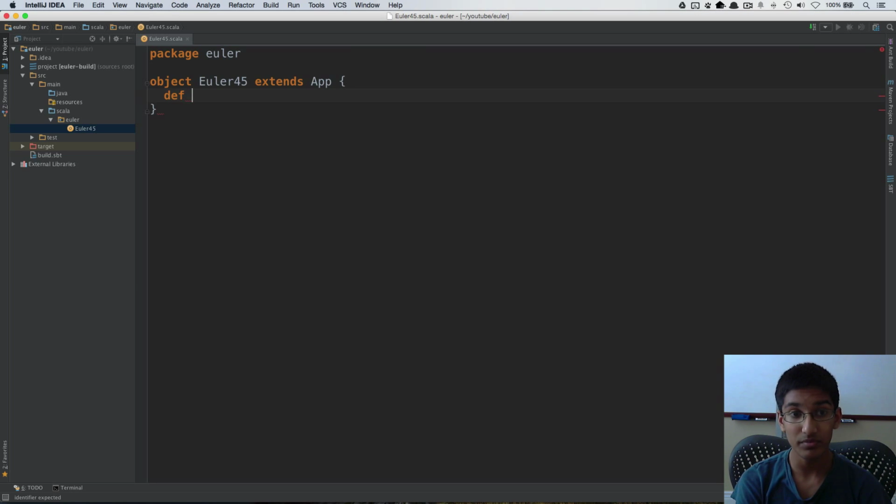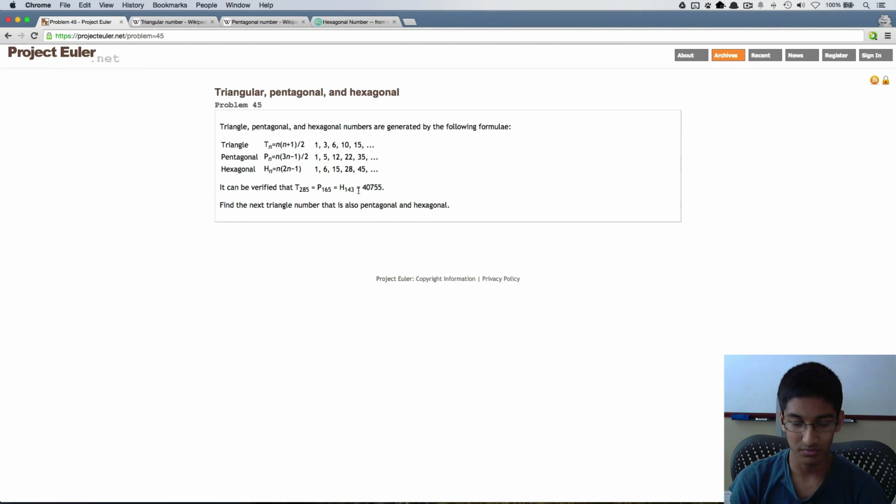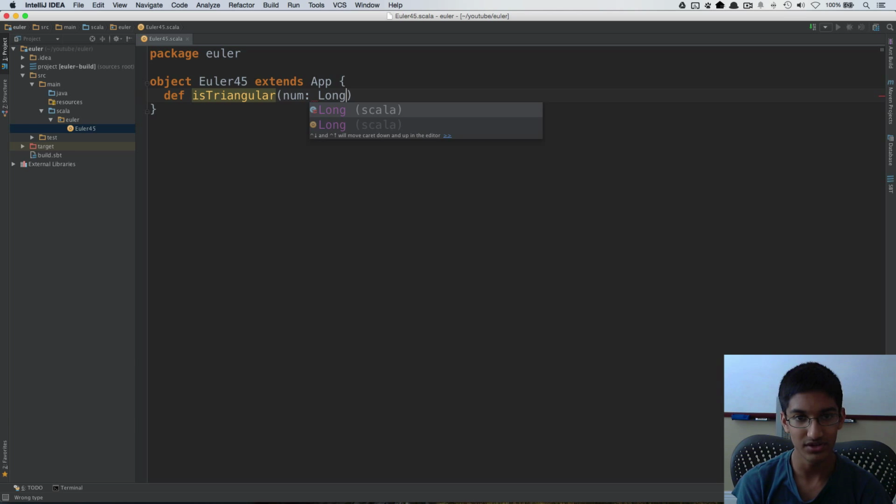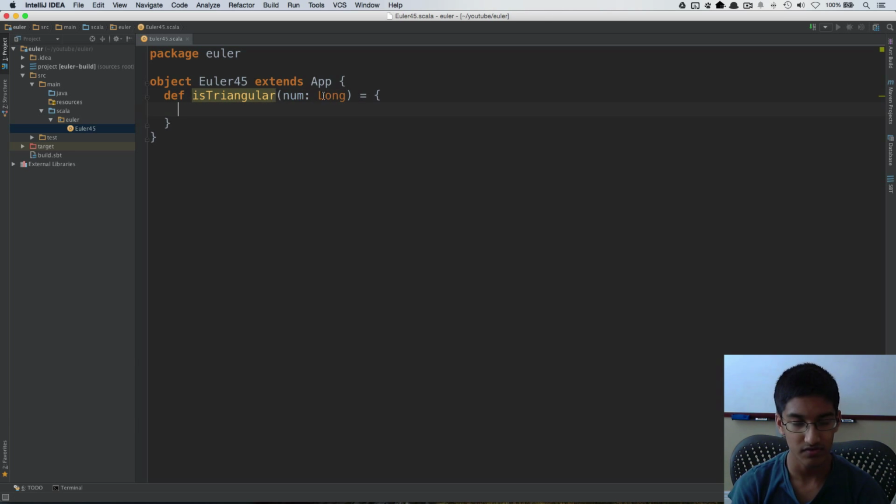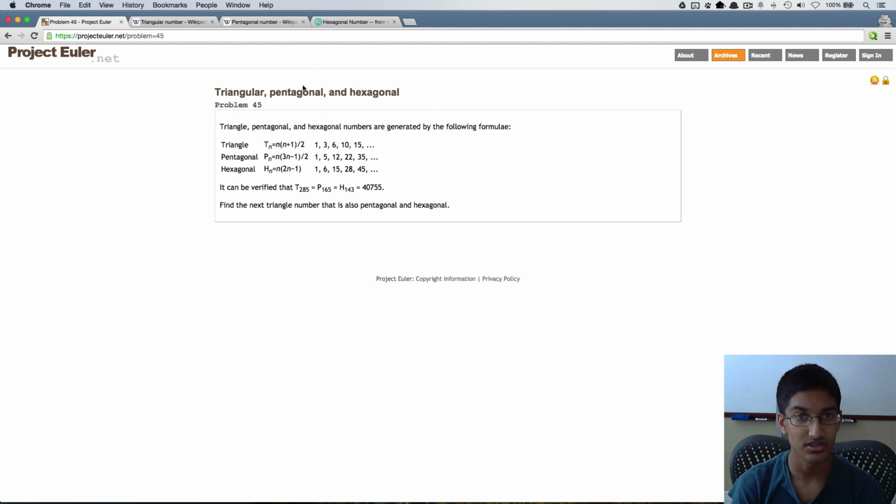The first thing we need to implement is checking if a number is triangular. We're going to take a number, and here we're going to be dealing with pretty large numbers, so we're going to have num of type long. Now, how do we check if a number is triangular?